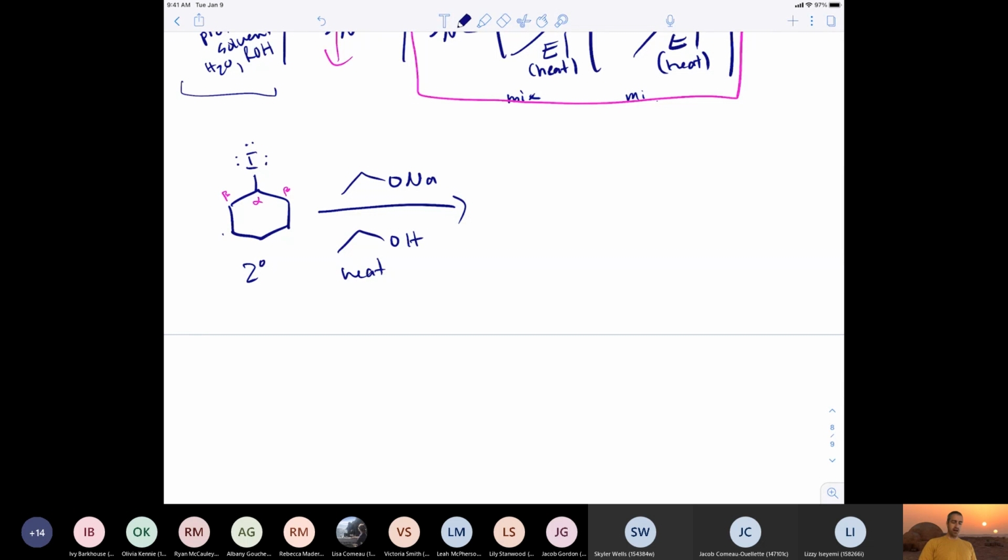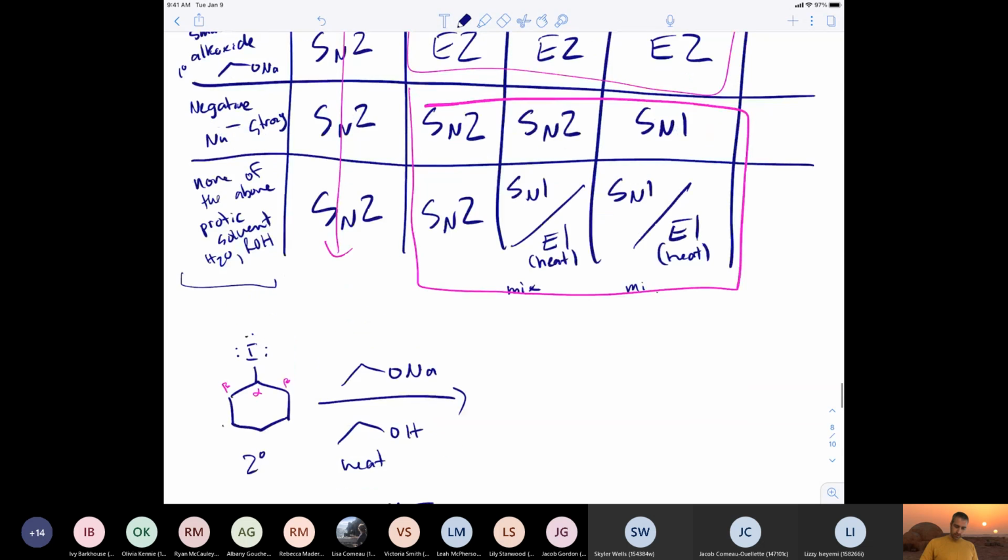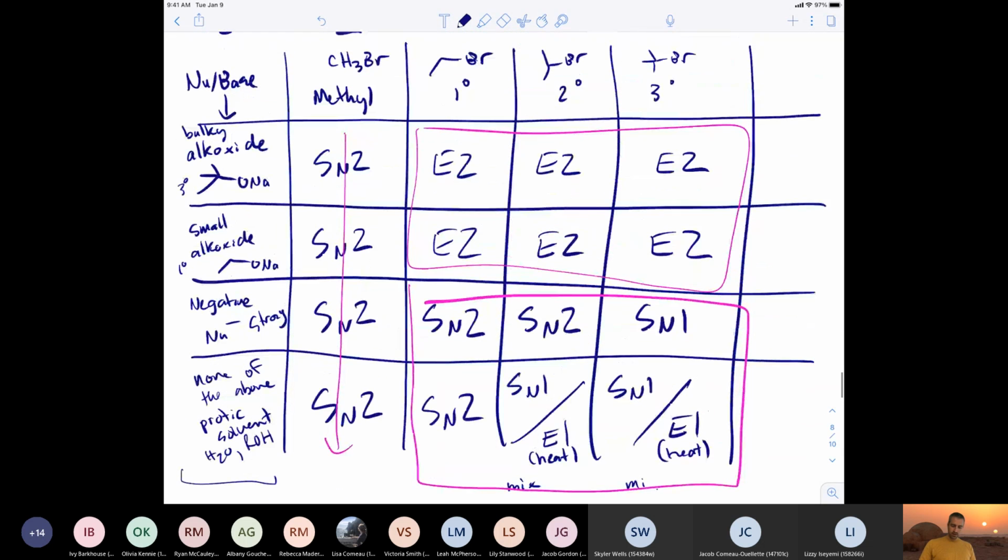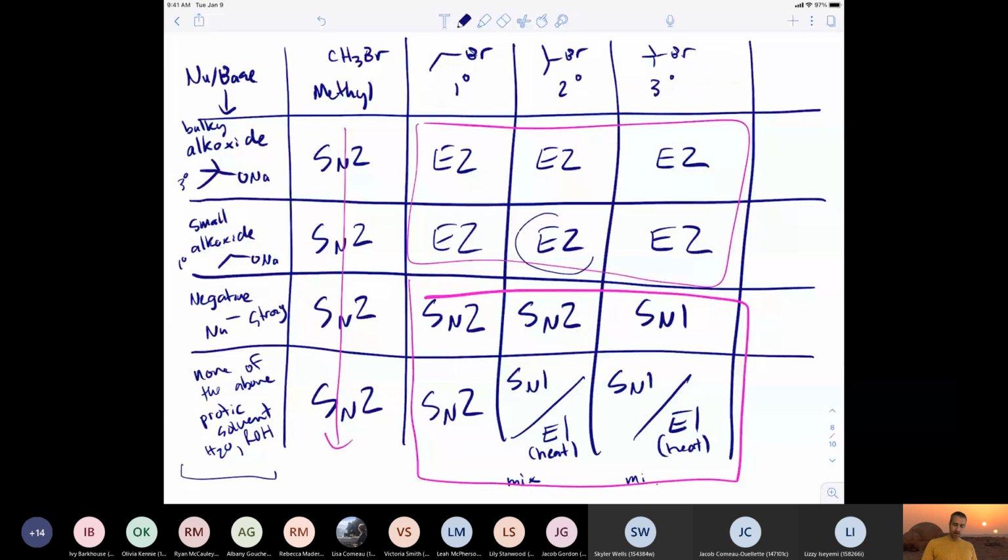Yeah, this is an alkoxide. Remember that sodium isn't there. Well, it's there, but remove it in your head. What we're looking at really is this. Think of it as being similar to hydroxide. And if that's the case, we could go up to our trusty old table here and realize that secondary and alkoxide is E2.